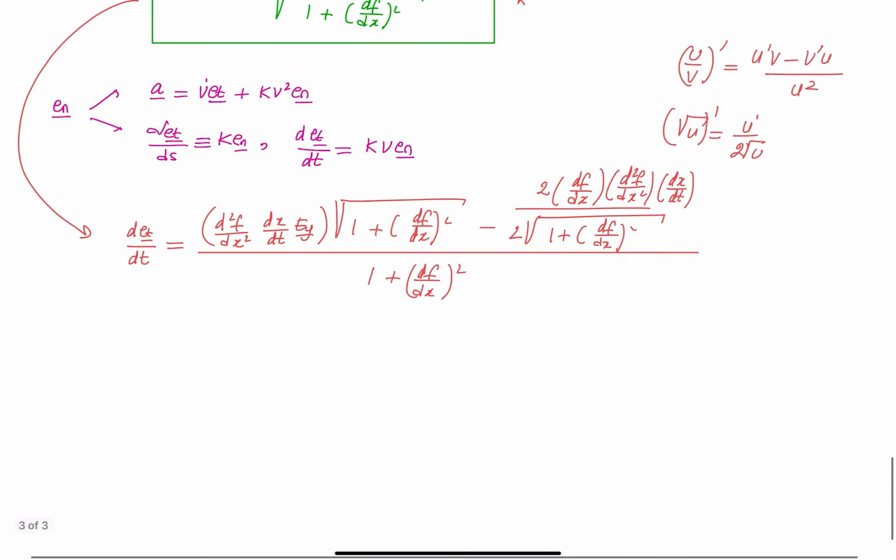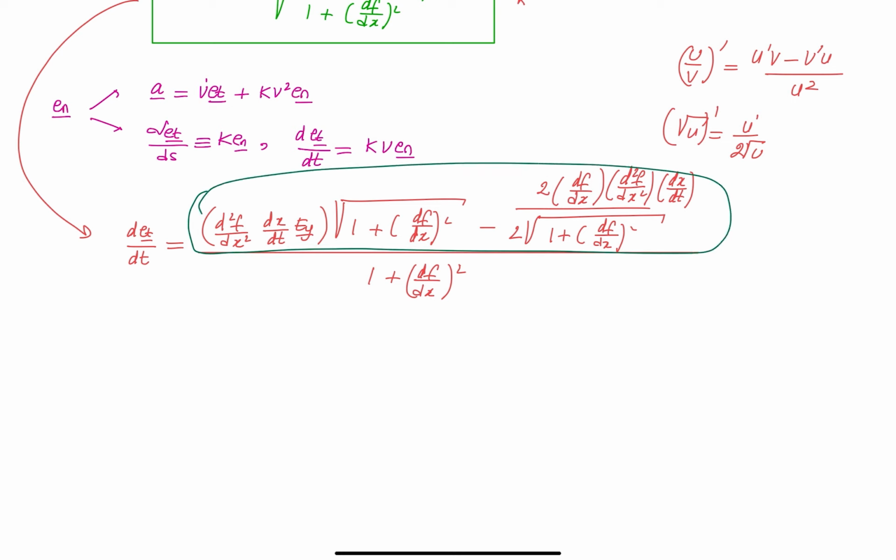What I'm gonna do is I'm gonna just consider the numerator on its own for a bit, and I'll take a common factor for the numerator of 1 plus df by dx squared, all of it square root. The 2 and the 2 here cancel out, and I think both terms contain a dx by dt. So I'll take that outside, dx by dt.